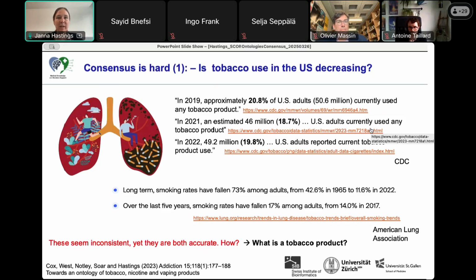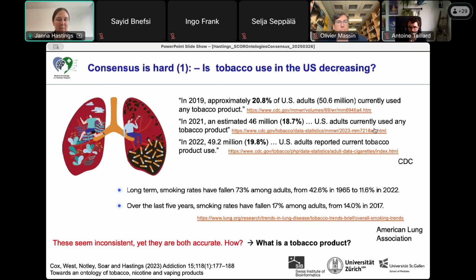that contain nicotine, so alternative nicotine delivery systems, which in fact have a very different safety profile and should, from a health perspective, be treated very differently. But they're included in these numbers, and in a lot of US-based tobacco-related research, they're lumped together under this definition of used a tobacco product, which makes it very difficult to figure out from the research literature which are the dangerous or health-related uses and which have a different safety profile.